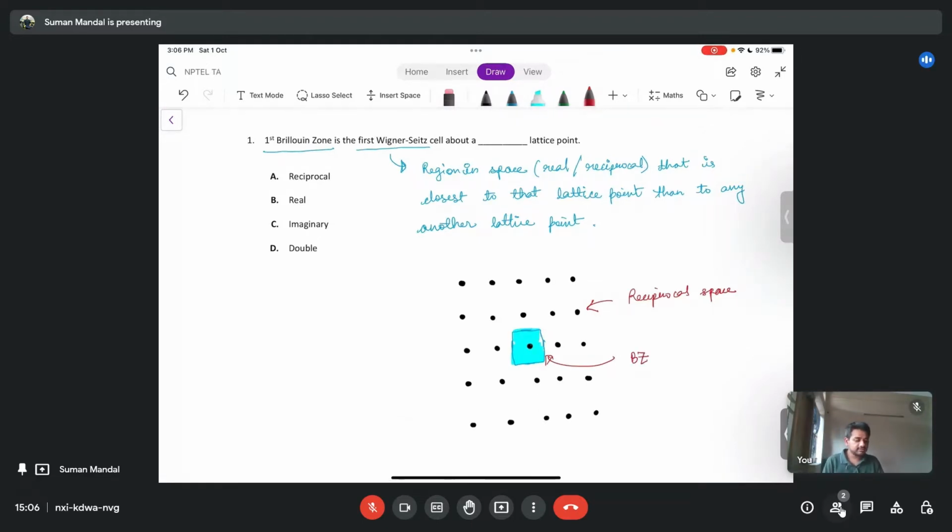And when it is with respect to the closest located atoms, for example for this atom in the center, we'll call it the first Brillouin zone. So the first Brillouin zone is a Wigner-Seitz cell about a reciprocal lattice point.